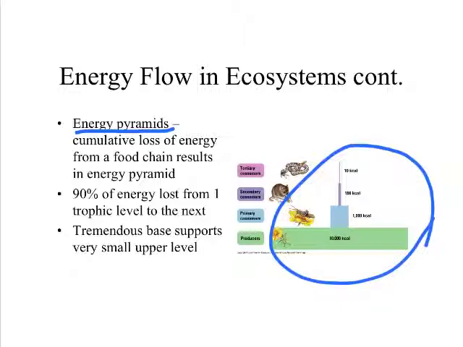So instead of 10,000 kilocalories like we have in producers, there's only going to be 1,000 kilocalories in the insects that are available. And then again, if we go up one more trophic level, only 100 kilocalories in the next trophic level, 10 kilocalories in the next. And if we had one more, it would be only 1 kilocalorie of the total energy that was possible from the original producers.